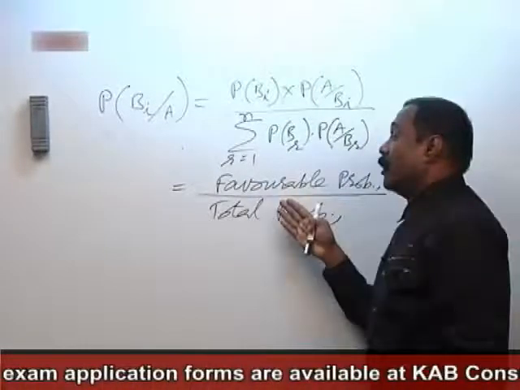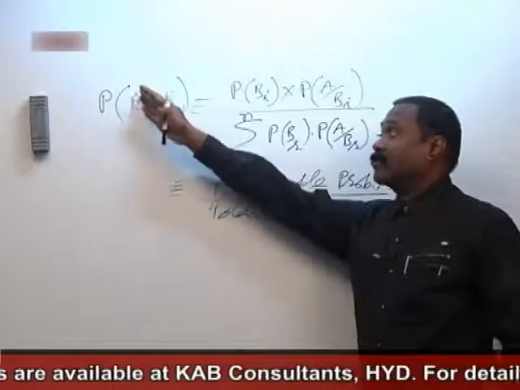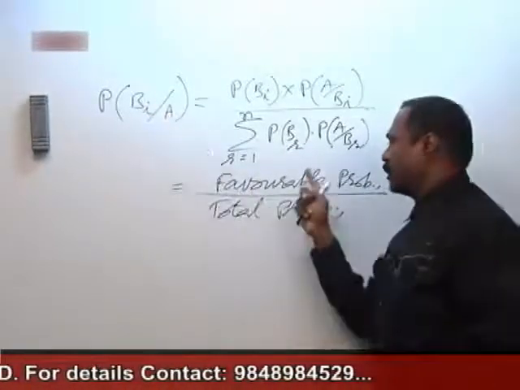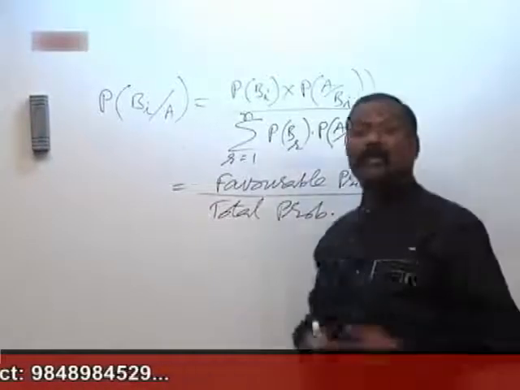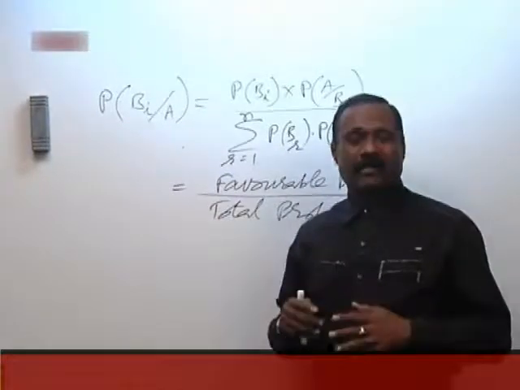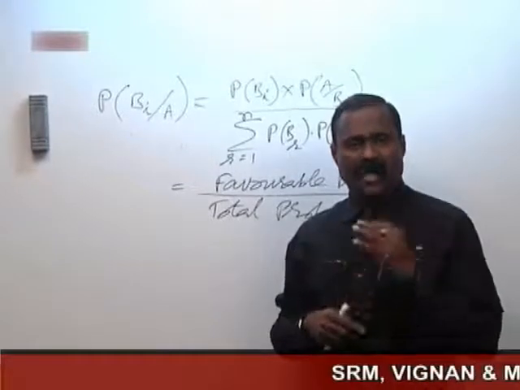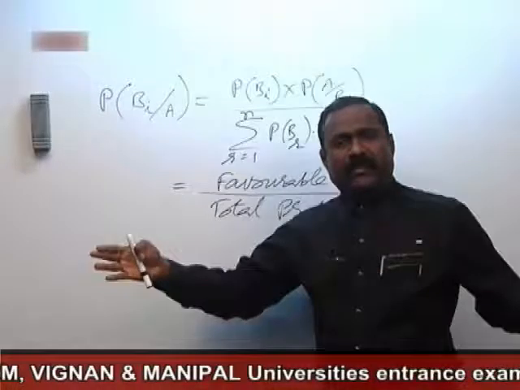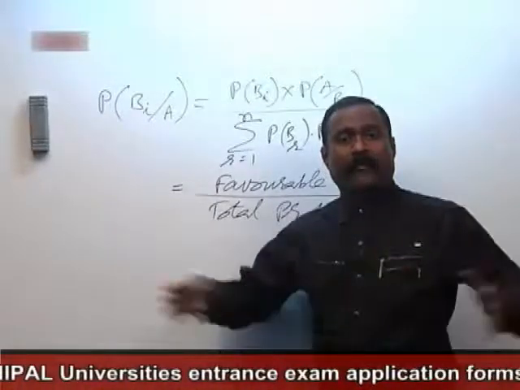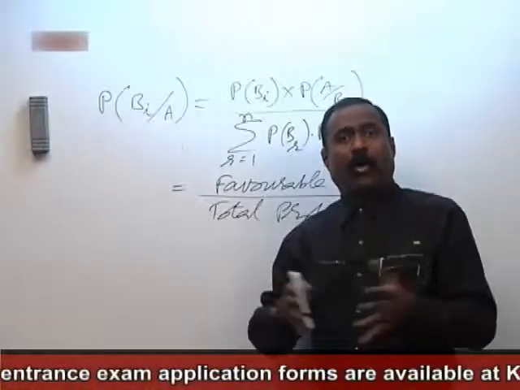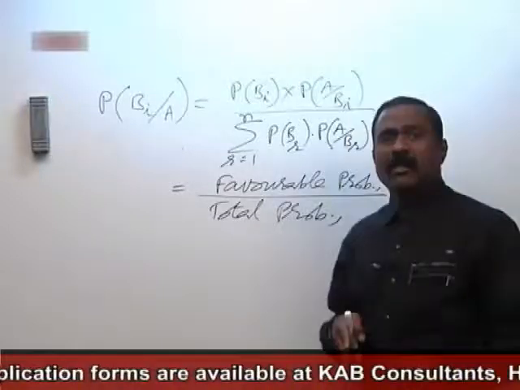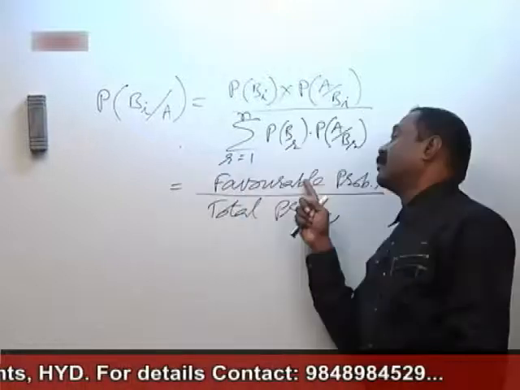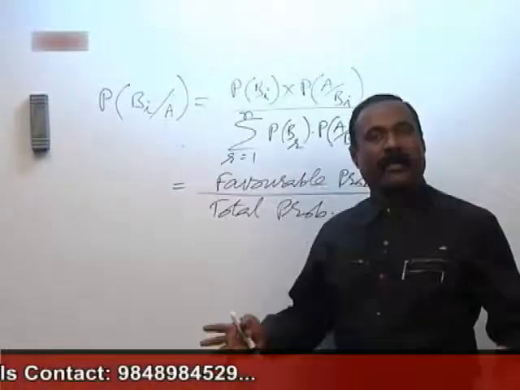That will give you the probability of occurrence of Bi after the occurrence of A, which is nothing but favorable probability divided by total probability. This is simply the Bayes theorem. So understand Bayes theorem like this: a particular event occurs with many events. If you add the probabilities of all of them, you will get the total probability. And if you want that particular event to happen with a particular event, then you have to take that to the numerator, which is nothing but the favorable probability.